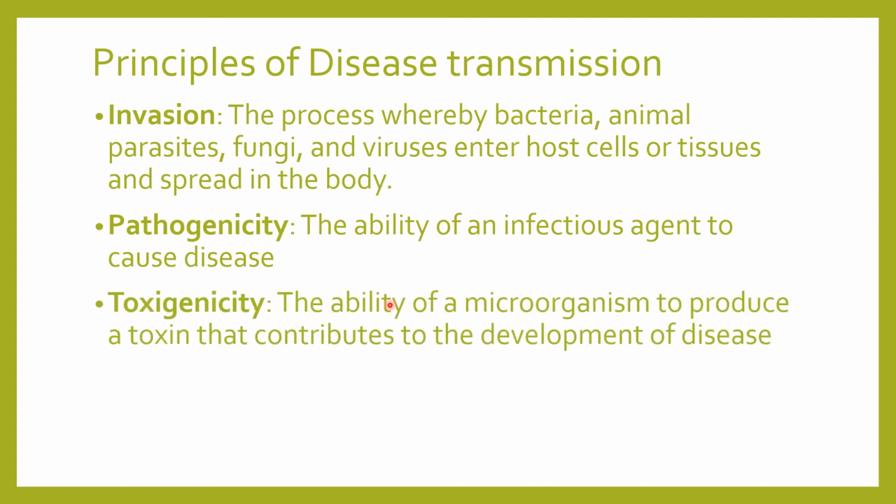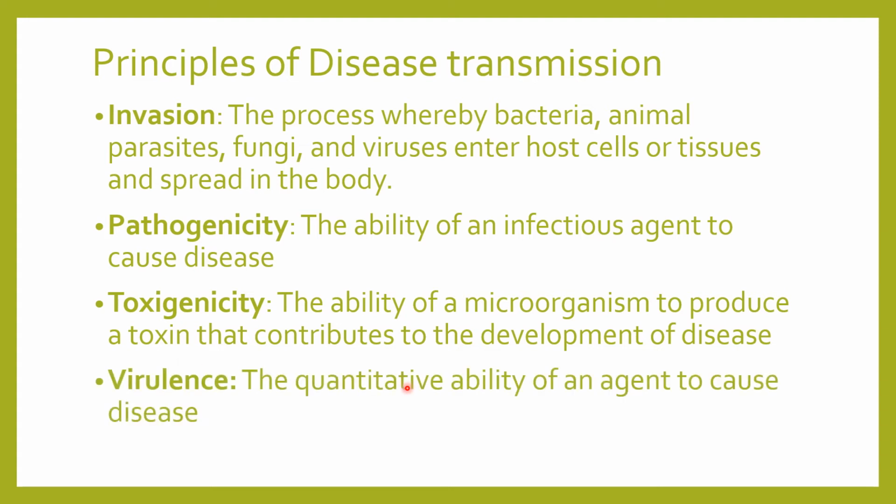And toxigenicity is the ability of a molecule to produce toxin that will give the development of the disease. And virulence is the quantitative ability of an agent to cause disease. So it's almost synonymous with your pathogenicity, but your pathogenicity is just the ability.